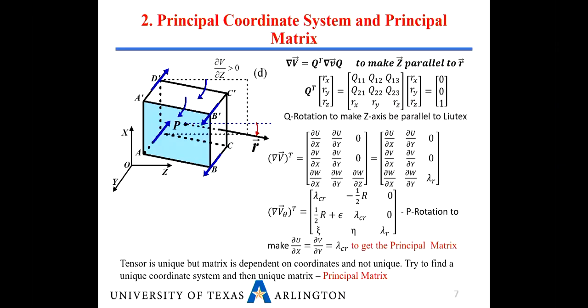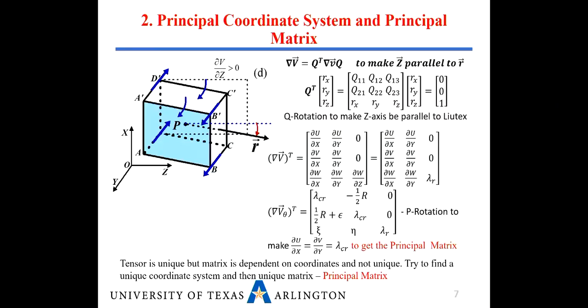We use the Mutex to rotate the original full matrix into this format, using the Mutex as one of the axes. So this we call a P rotation. P rotation just rotates Z parallel to R.